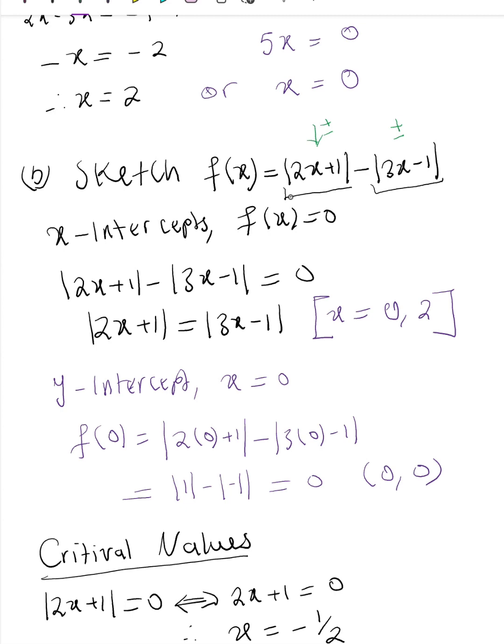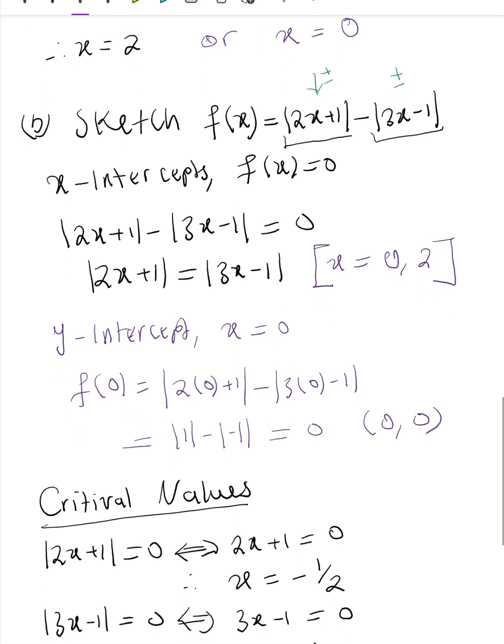Now, if you redefine each of these functions, say the first one, 2x plus 1, it will be positive if the values of x are greater than or equal to negative half, and negative if x is less than negative half.